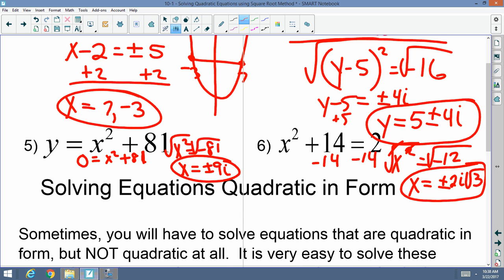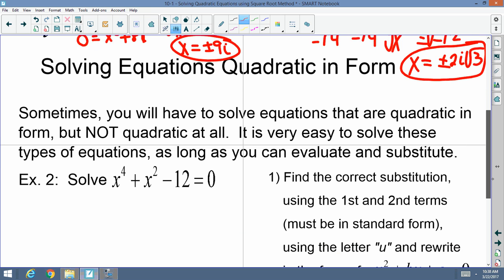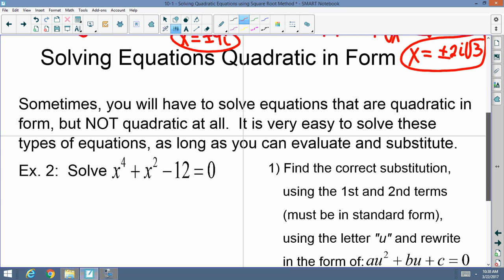Now, when we're solving equations in quadratic form, but not necessarily in a beautiful, pretty form, there's a way that we can factor that and solve it. Sometimes you will have to solve equations that are in quadratic form, but not quadratic at all.